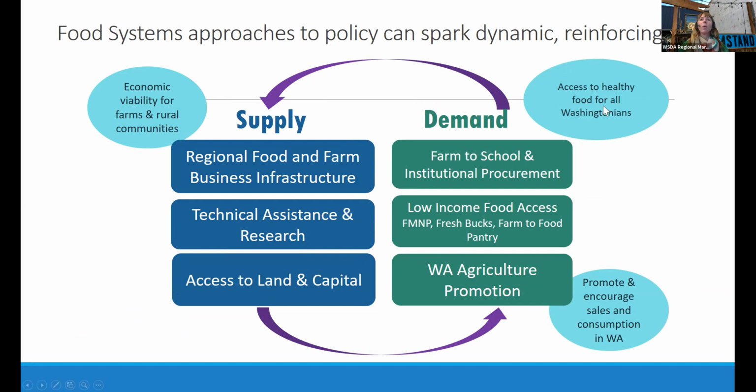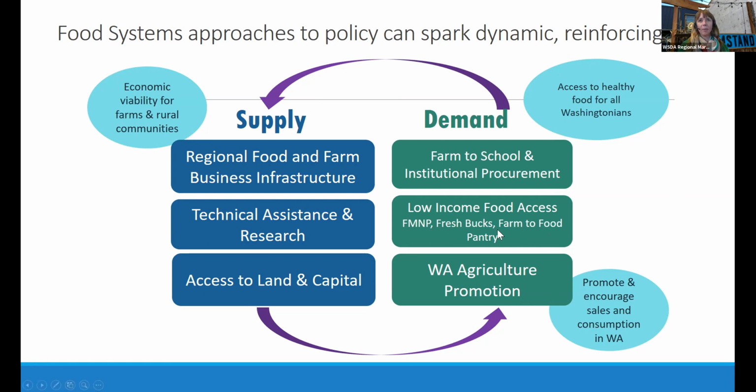If our goal is to increase access to healthy food for all Washingtonians, here are some policies and programs we might think about: farm to school and institutional procurement, and incentive programs for low-income shoppers to have more access to healthy fresh produce.